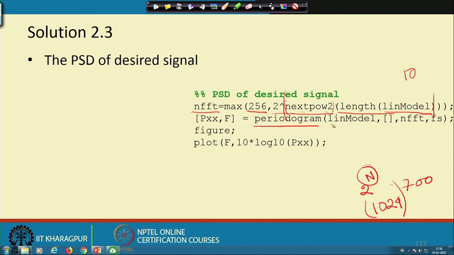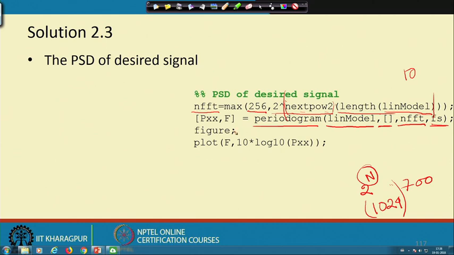The first argument of the periodogram is the input signal. The second is for the window. Here we have chosen the default window, that is the rectangular window. Next we give the number of points for NFFT that we have chosen, 1024, and the sampling frequency, 1000, is given.